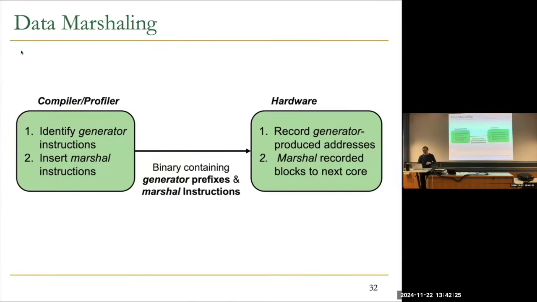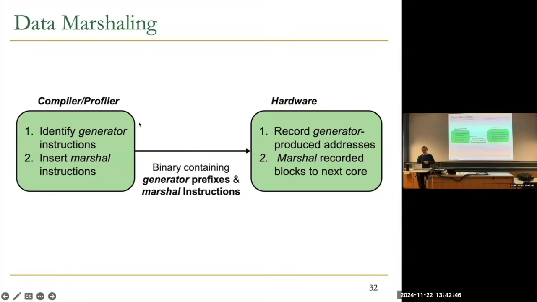I think I gave you the basic idea, so it's going to be very easy from this point. So compiler, profiler, and hopefully not the programmer, but again, the programmer can, if they want to, identify these generator instructions and insert marshal instructions. We're going to talk about what that is. Marshal instruction is basically pushing the data to the other core that is going to need the data.